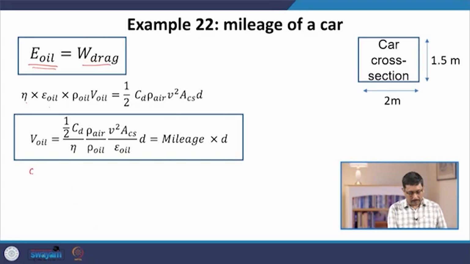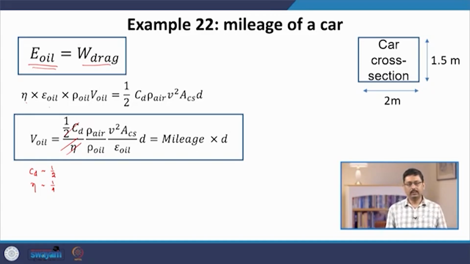For a typical car I am going to assume that the drag coefficient C_D under the conditions we are discussing is about half, and the engine efficiency we have already assumed to be 25%, or 1 by 4. Using these numbers, very luckily these factors of the unknown coefficients get cancelled.